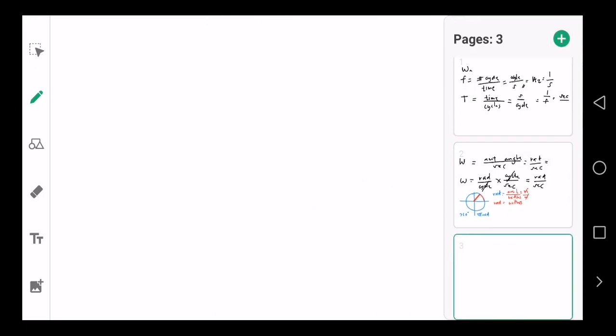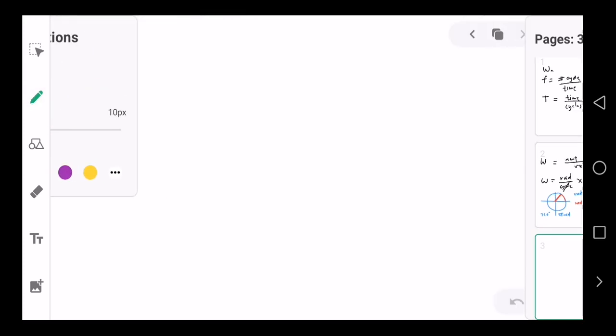Let's see on another page. We usually work on harmonic equations like what we used earlier.